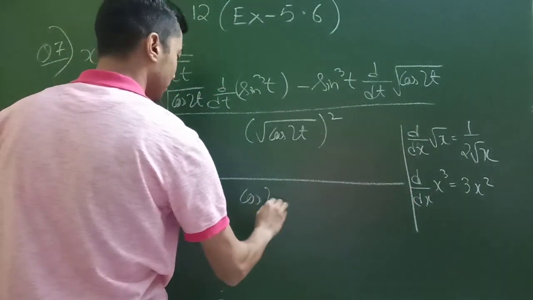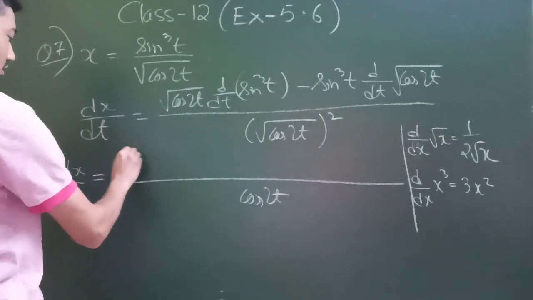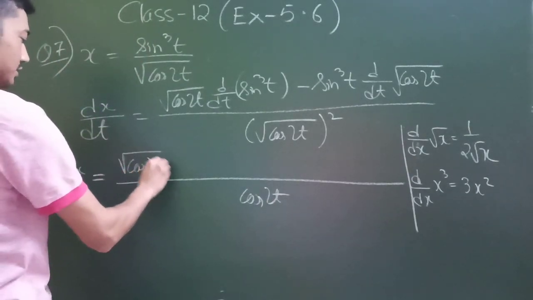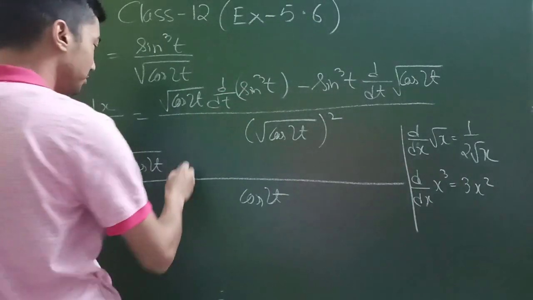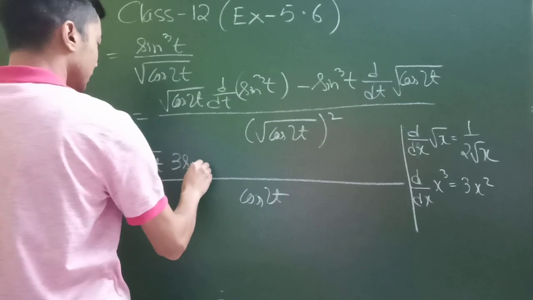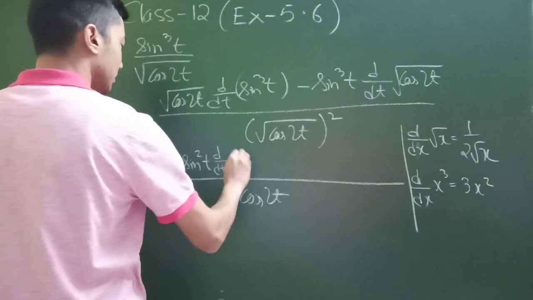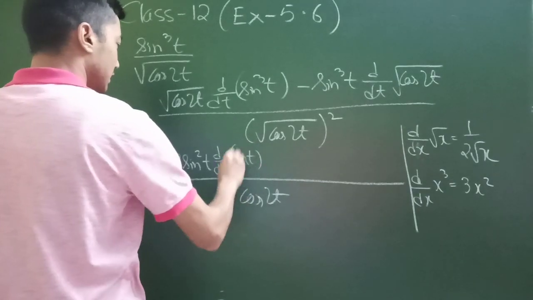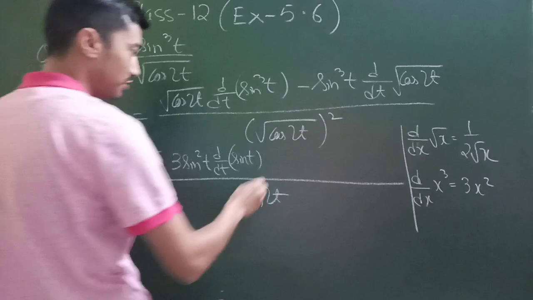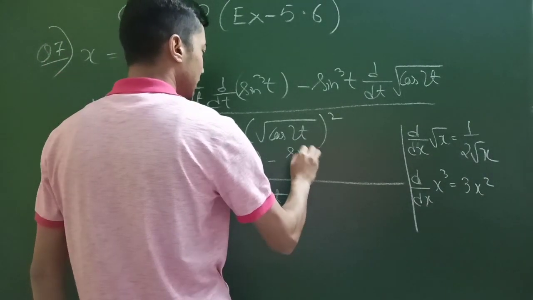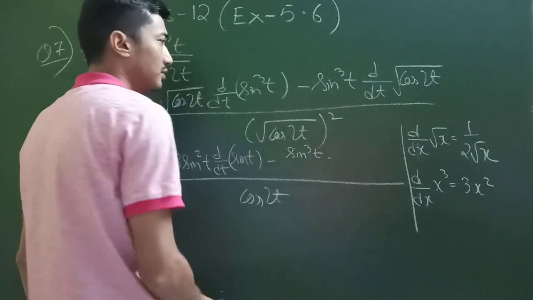So this is going to be just cos 2t, it will be root over of cos 2t. Applying the chain rule, the derivative of sine cube t would be 3 sine squared t, times the derivative of sine t, not exploring the chain rule further. Again, what is the derivative of root cos 2t?